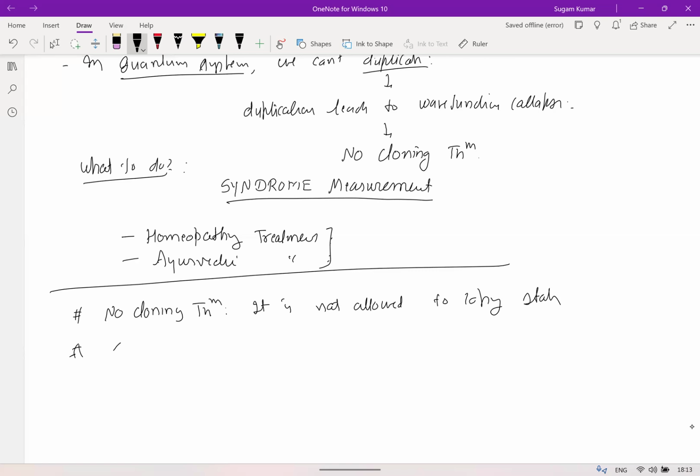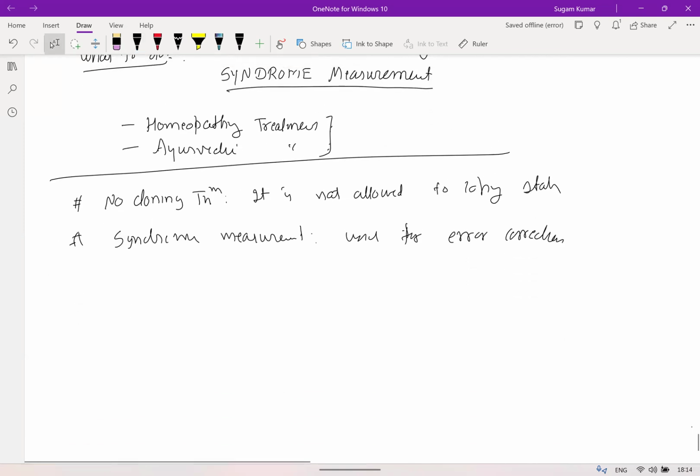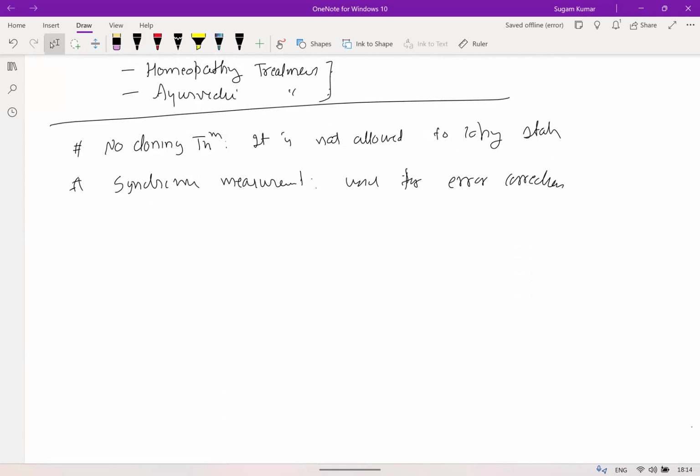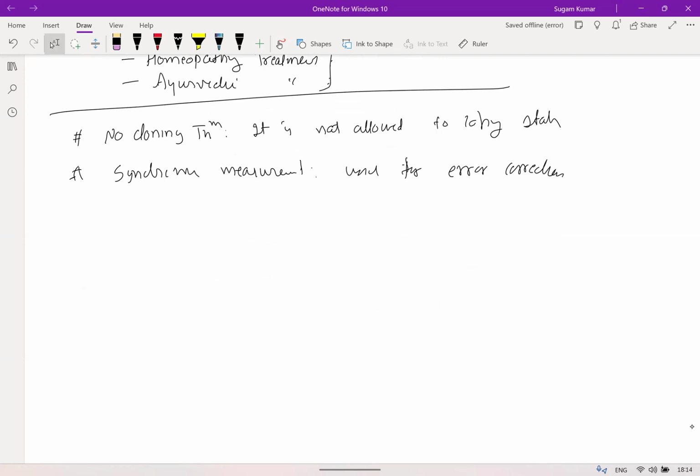And second is syndrome measurement, used for error correction. How we do it, let us try to understand. In the next maybe 10-15 minutes, we will understand how this error correction is done. For the error correction, the quantum circuit is the following.